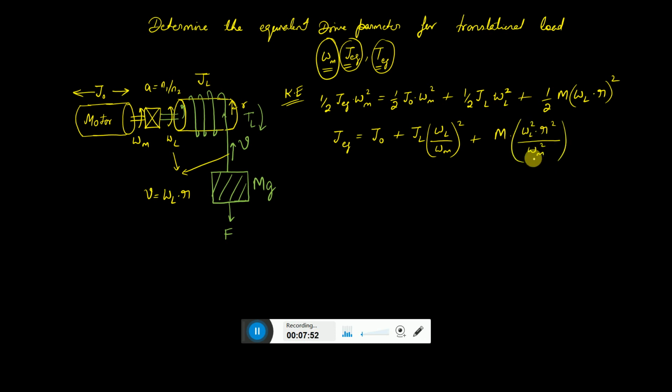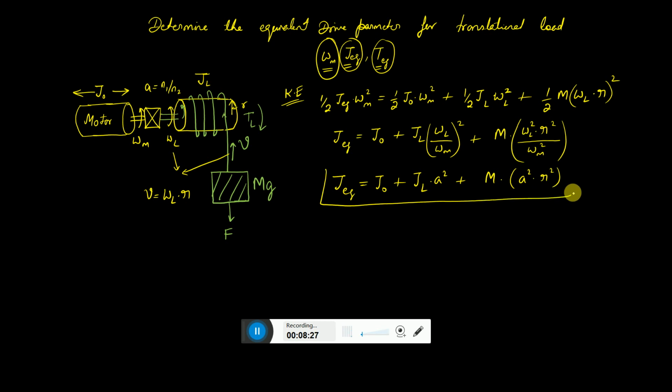Or else we can write V square by omega m square. Now this ratio is nothing but A, so we can write this as J0 plus JL A square plus m A square into R square, like that.